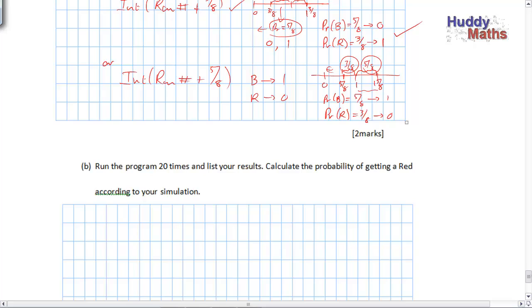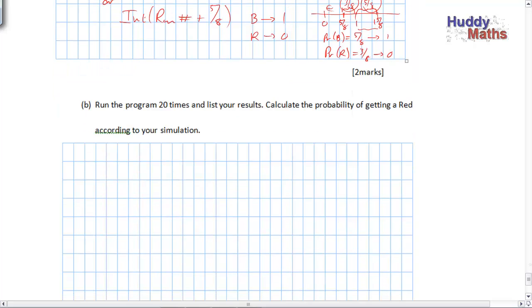Let's have a look at the last thing. Run the program 20 times and list your results. So you want to list them. I actually did that with the first command, plus 3/8, and got these results: 1, 0, 1, 1, 0, 1, 1, 0, 0, 0, the first 10, and then 0, 0, 0, 1, 0, 1, 0, 0, 0, 0 for the 20 results.